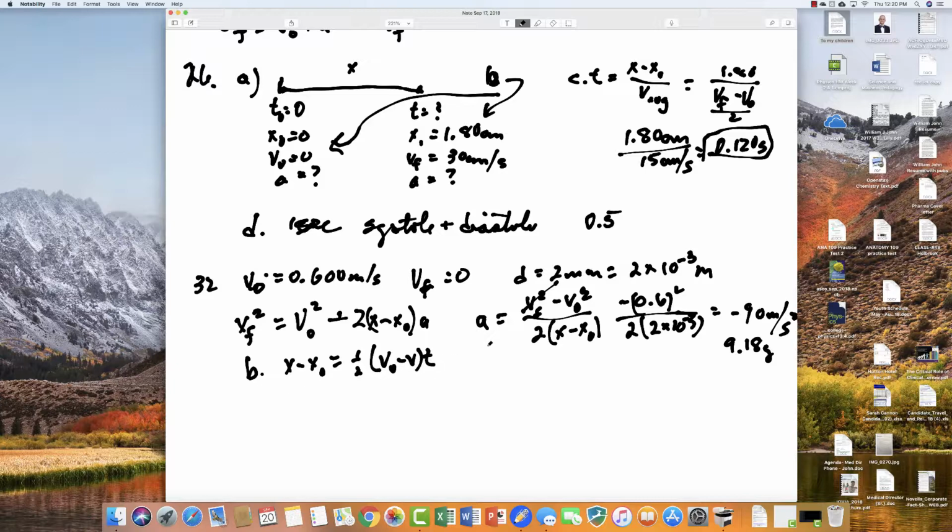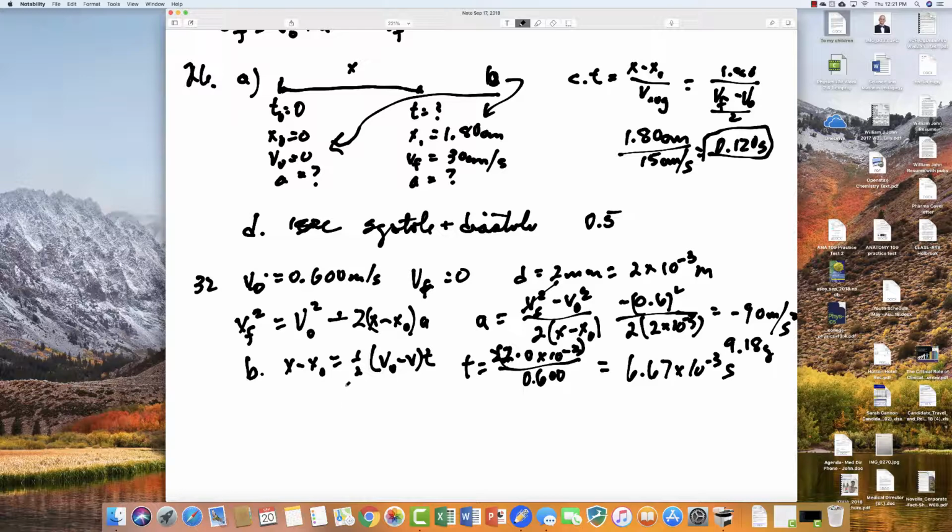And then if you move this over there, you can calculate the time because that's going to be 2.0 times 10 to the minus 3 meters divided by 2, because of the 1/2 here, divided by 0.600. And so the time for this deceleration is going to be 6.67 times 10 to the minus 3 seconds.